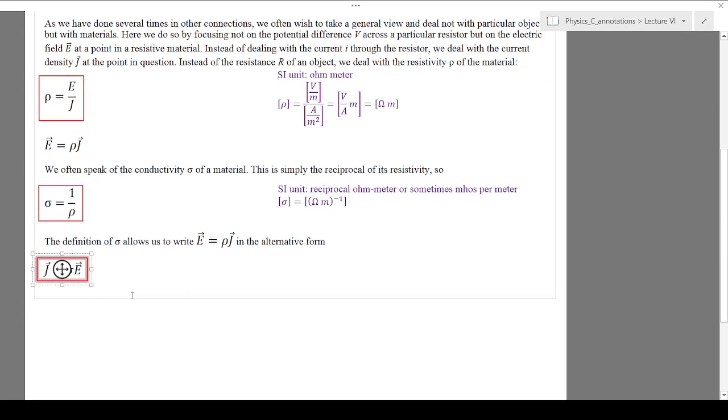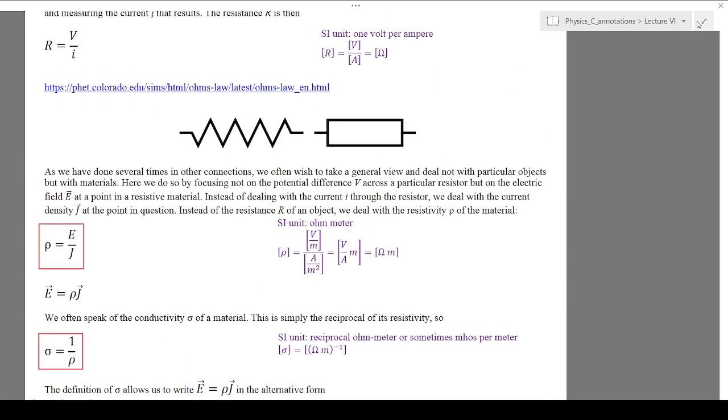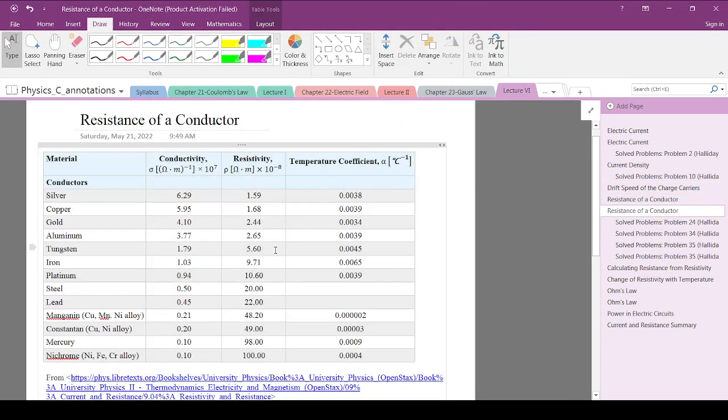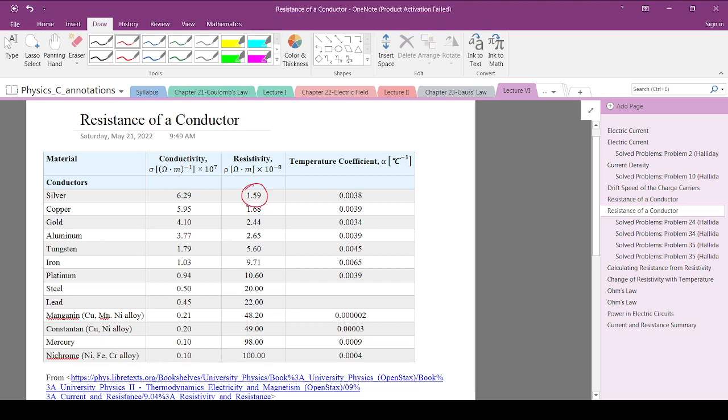Okay, with this it is also very important to show you something. Sorry, I forgot to show you. I would like to show you some typical values for resistivity. As you can see here, you have very low values of resistivity for metals, for the most common metals.